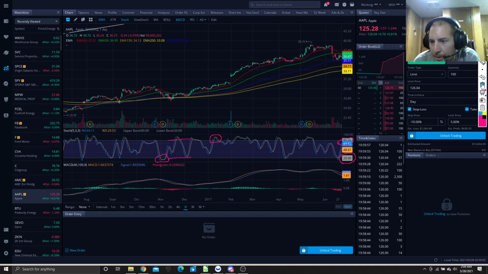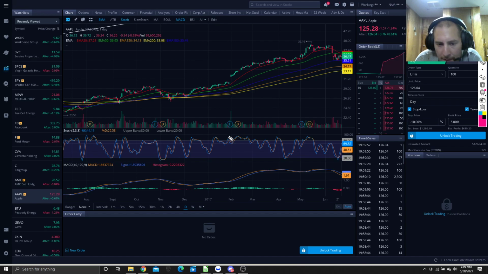And those are the two things we're going to be focusing on for this specific strategy. We'll get into divergences and things of that nature in a later video, but for now we're going to keep this very basic. Oversold is at 20, this line here, and overbought is at 80, this line here.